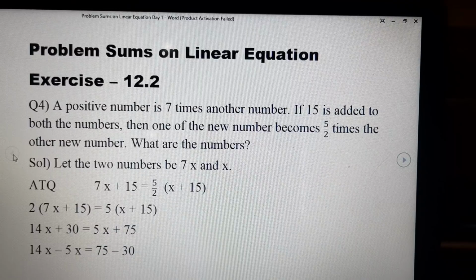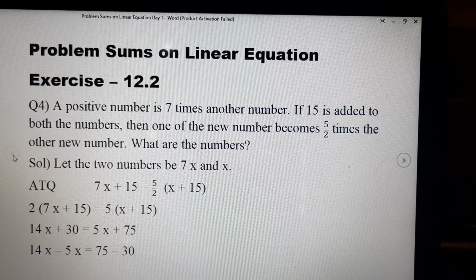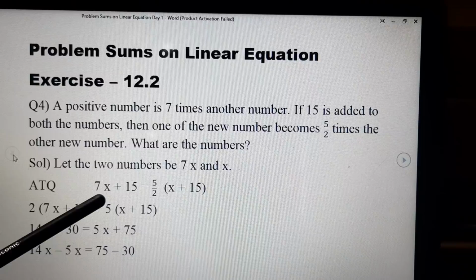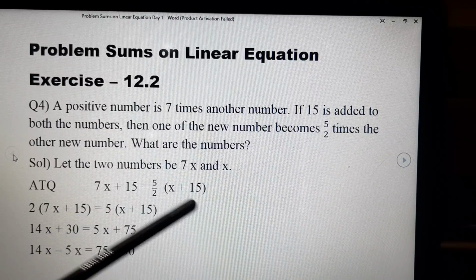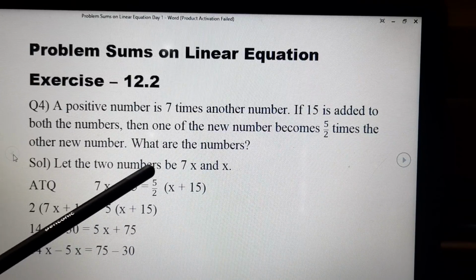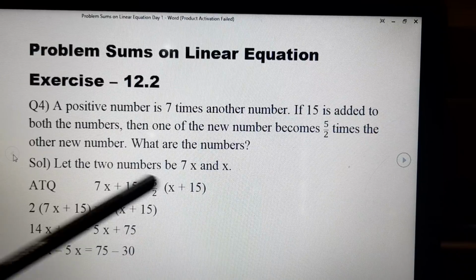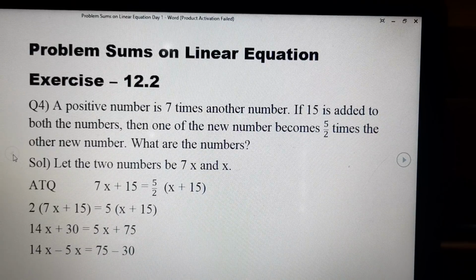They are saying one of the new numbers becomes 5 upon 2 times the other new number. So we have to write one number in LHS, the other number in RHS, and one number becomes 5 upon 2 times, times means multiply, into the other number. Are you getting it?